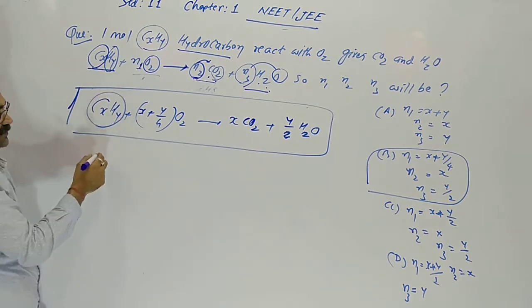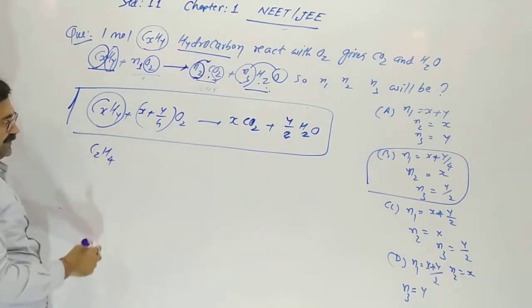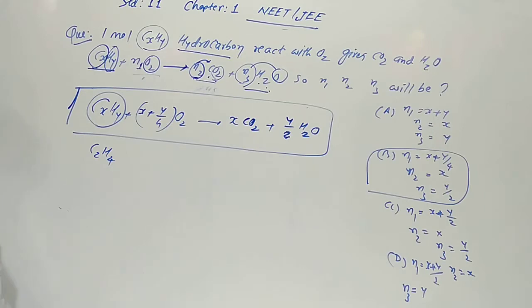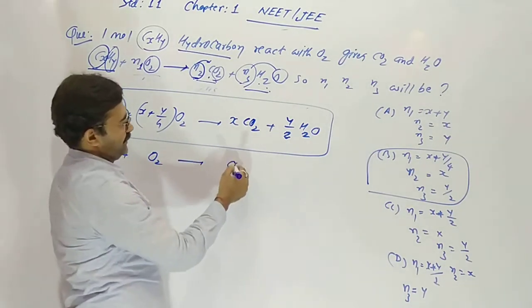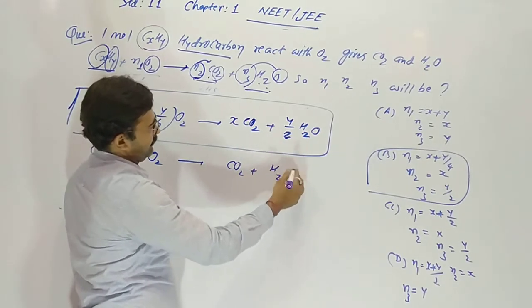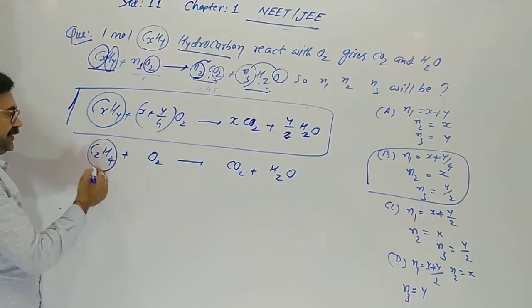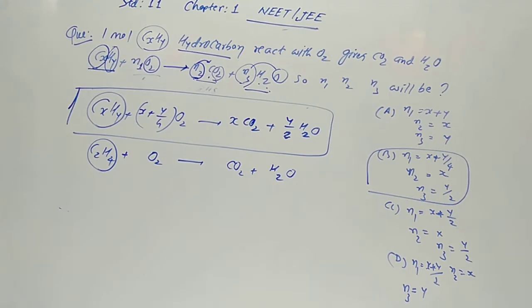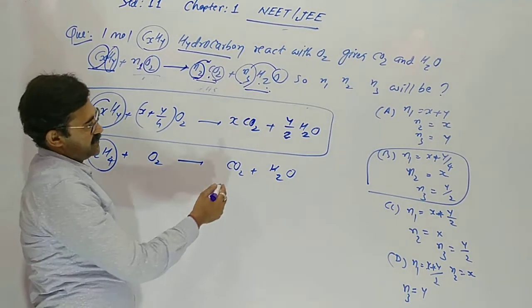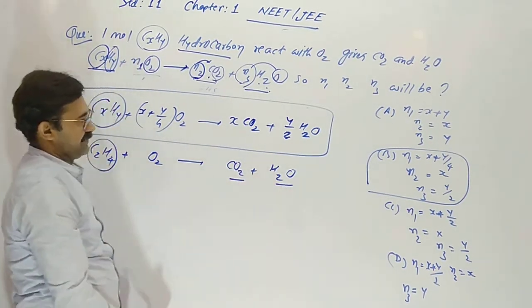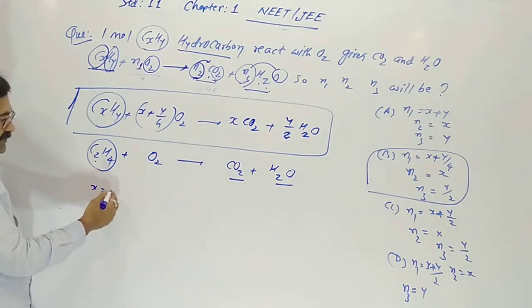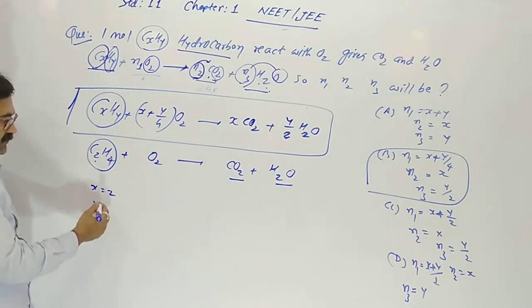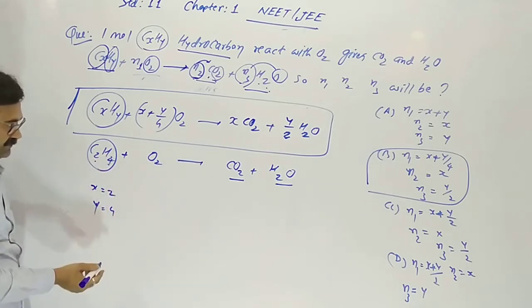Suppose we take ethene, C2H4, reacting with oxygen. Remember, any hydrocarbon when burning with oxygen always produces carbon dioxide and water. Here the value of X is 2 and the value of Y is 4.